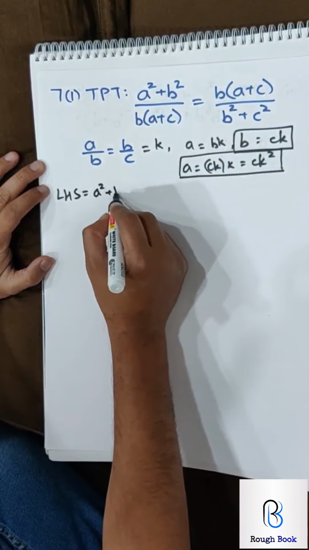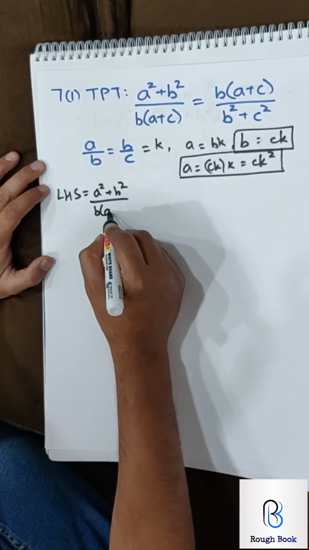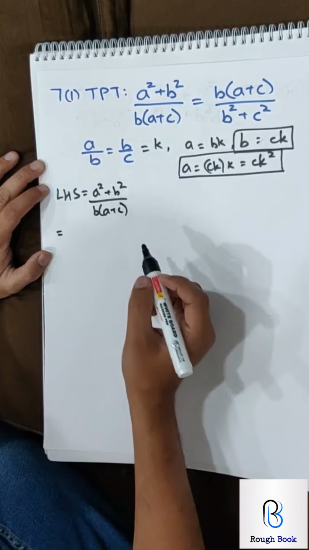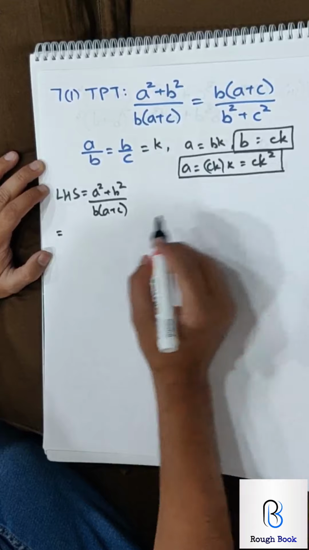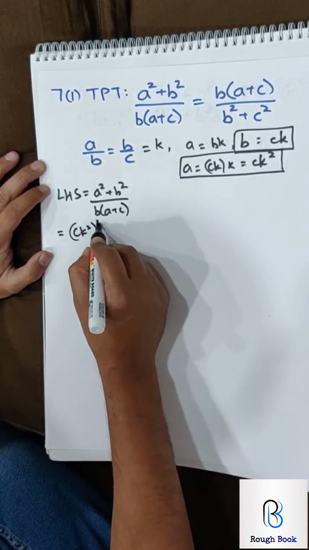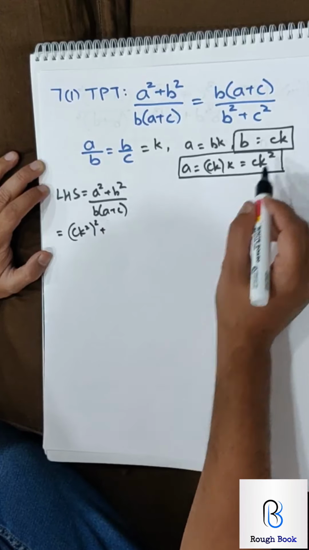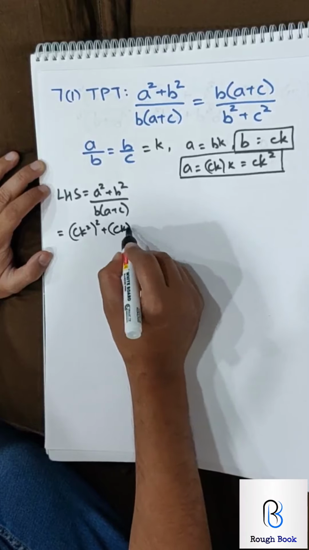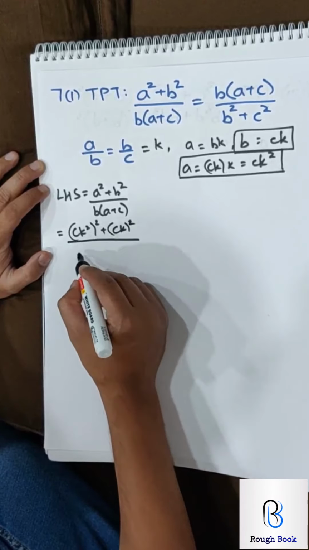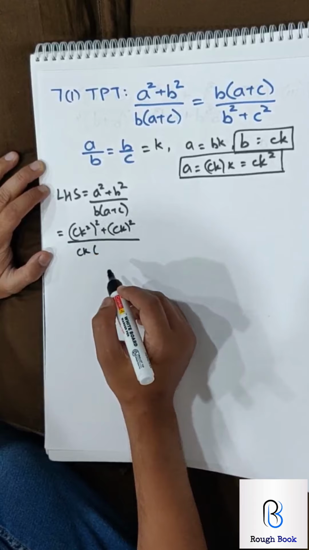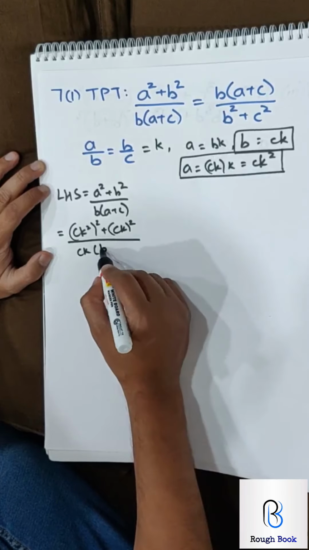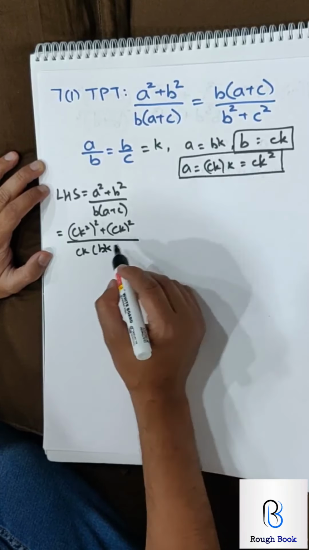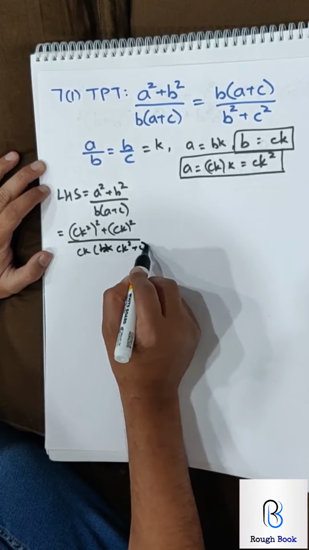I will get A square plus B square, B bracket A plus C. So A is CK square, the whole square, and B is just CK, the whole square. Again B is CK and A is BK. Sorry, A we will take it as CK square plus C.